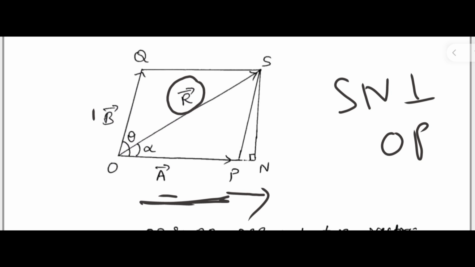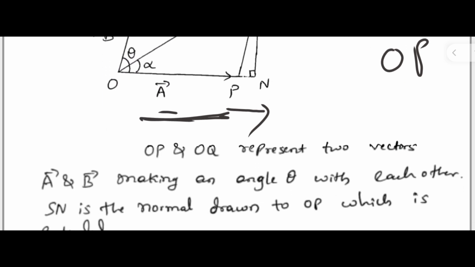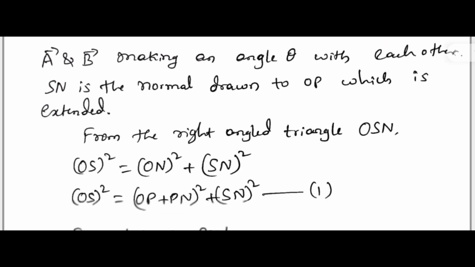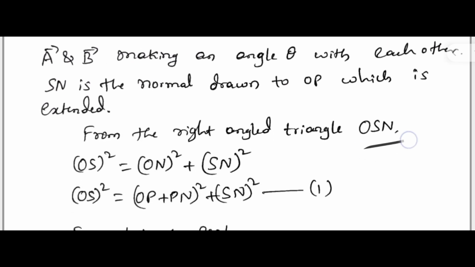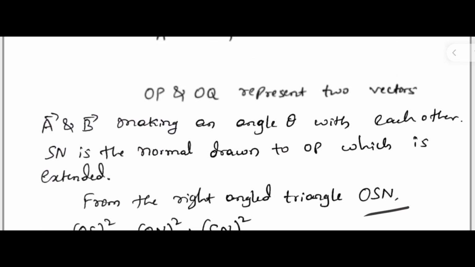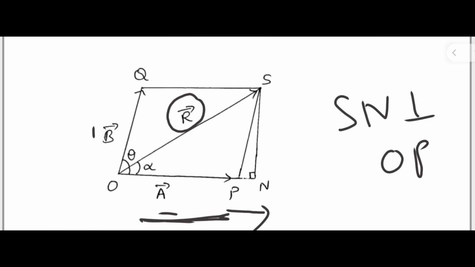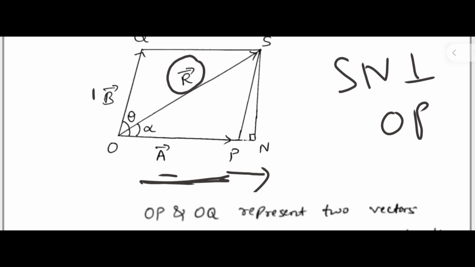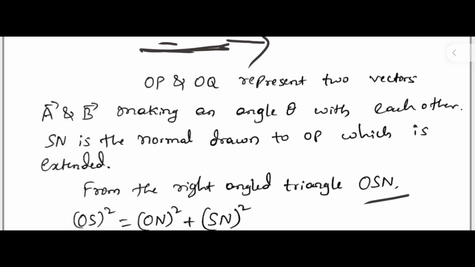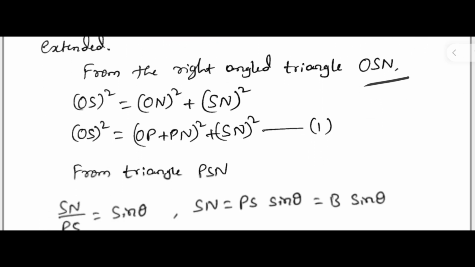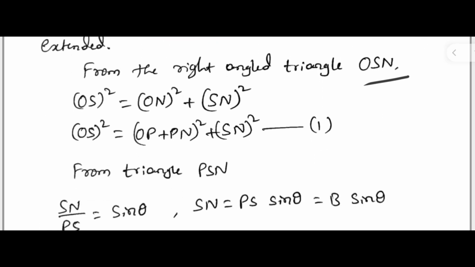From the right triangle OSN, this bigger triangle, we take the Pythagoras formula. OS square equals ON square plus SN square.